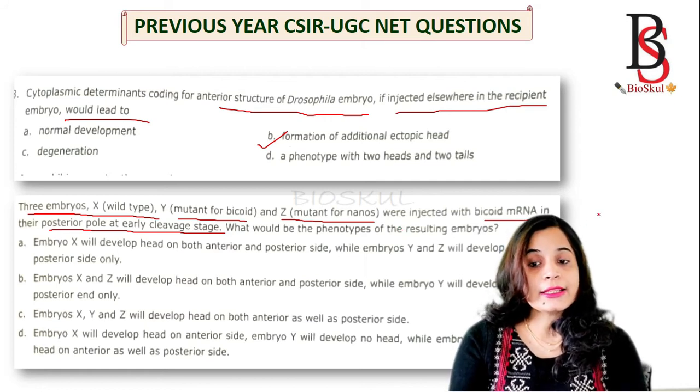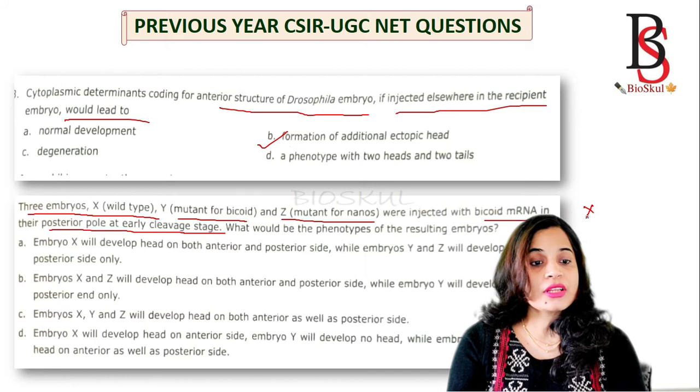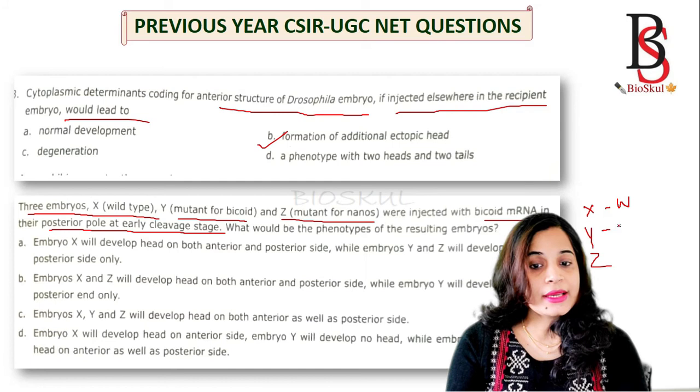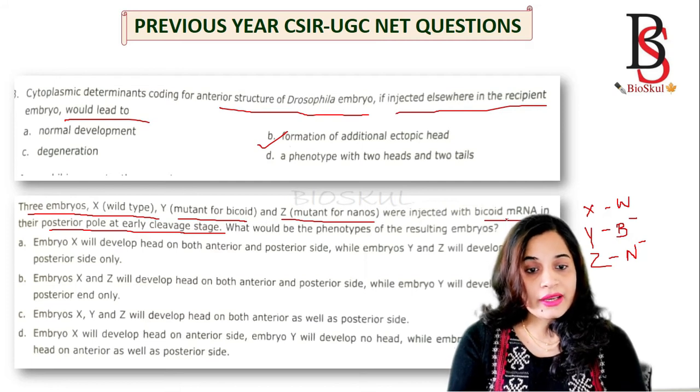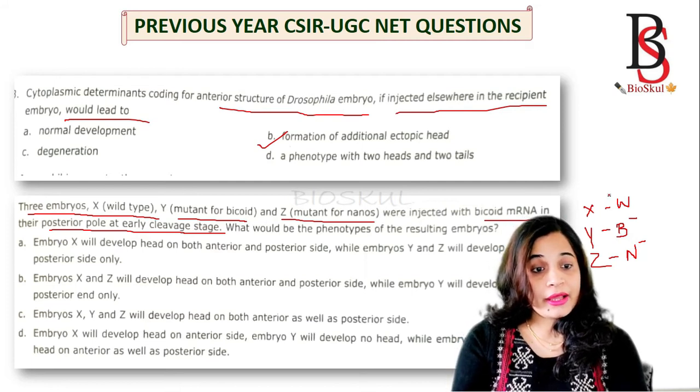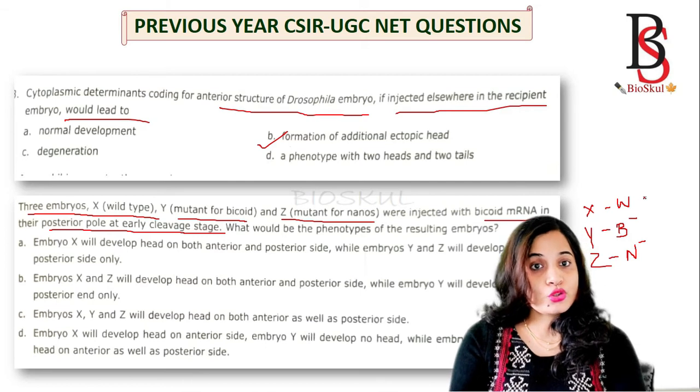So X is the wild type, Y is bicoid deficient, I just present it like this, B minus, and Z is nanos deficient. And all were injected with the bicoid mRNA at their posterior pole.